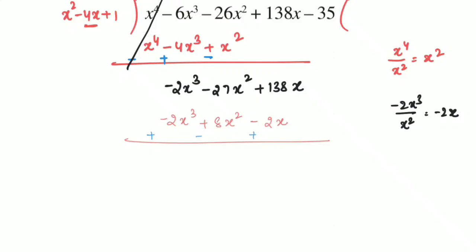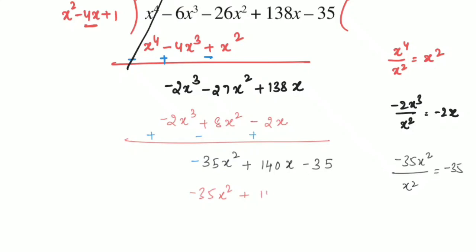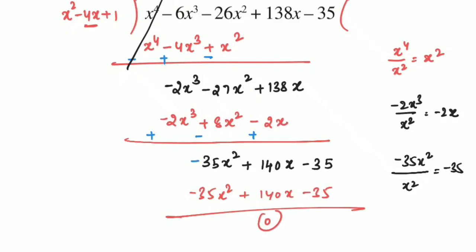You will get minus 36, minus 35x square, minus 35. Now, minus 35x square by x square, you will get minus 35. Multiply it: minus 35x square plus 140x minus 35. Everything is going to cancel, so you're left with 0.